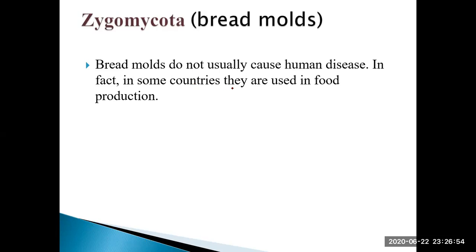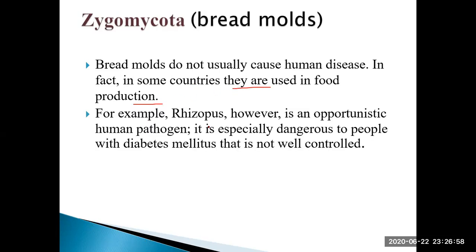In some countries, these bread molds are also used in food production. For example, we already know about Rhizopus, and it can be especially dangerous to people with diabetes mellitus, especially when the diabetes is not well controlled. For other people it's also harmful, but not so much.